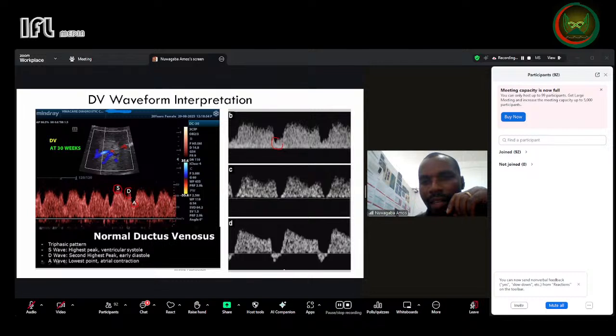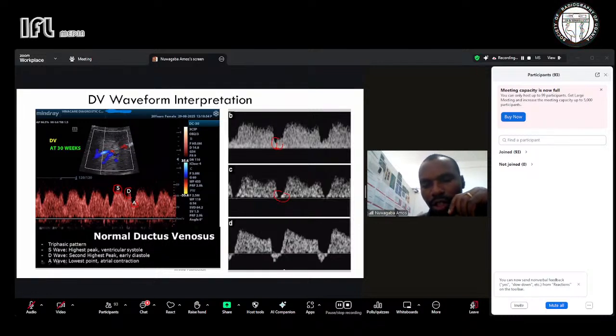This is in the early stage when you have low volume of flow through the A wave, and you know it is high resistance because it is close to the baseline. In the intermediate stage, in image C, is when the A wave is absent, and you know this is going to be a problem for the fetus.